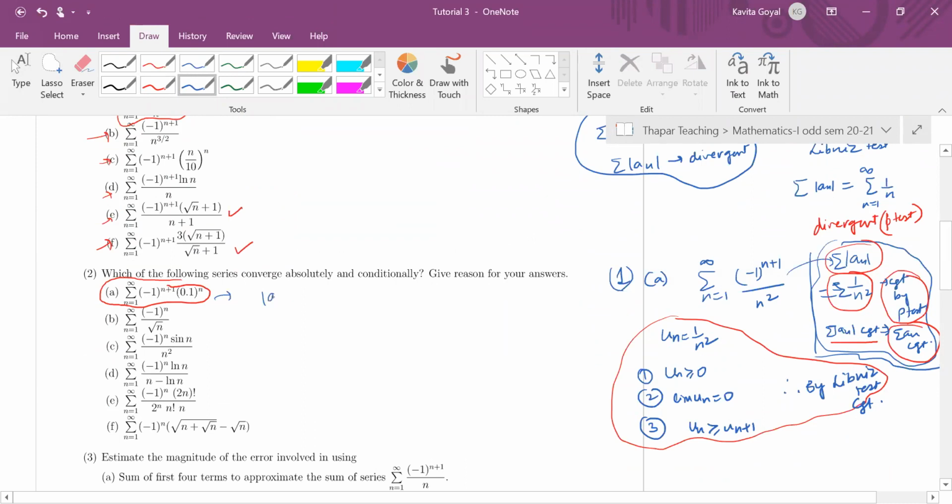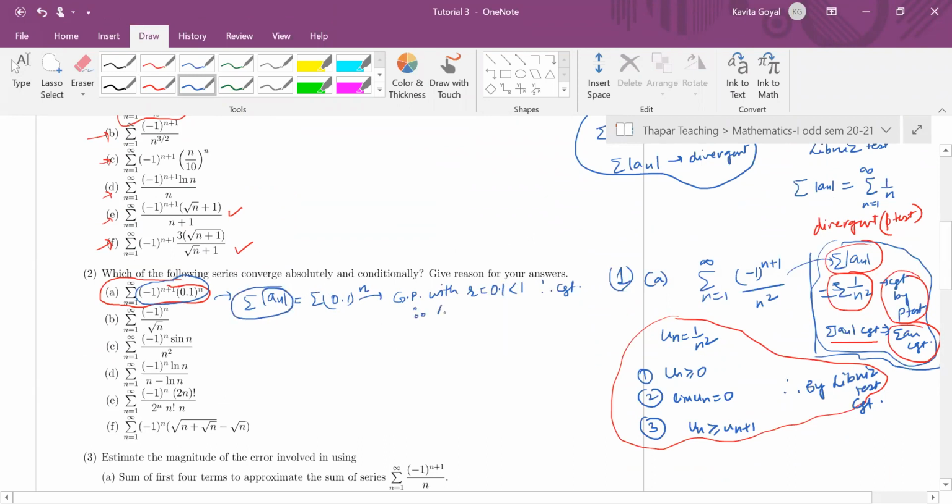So you will take mod of an. This one is your an. If you take mod, the minus sign will go away. So this is 0.1 raised to power n. The series here is a GP with common ratio 0.1, which is less than 1, so convergent. So you are saying sigma mod of an is convergent.